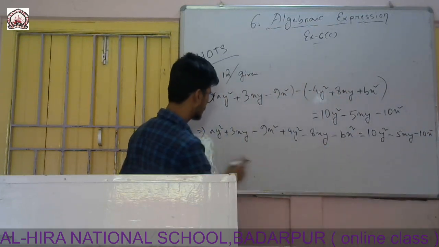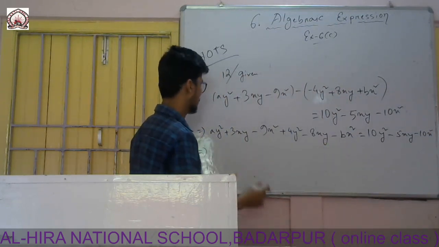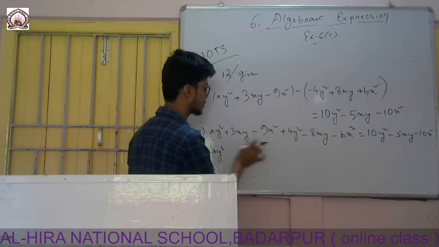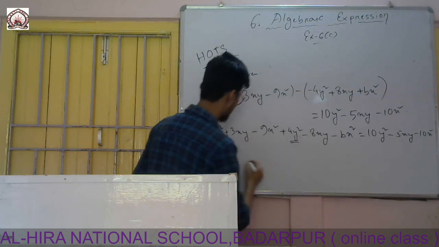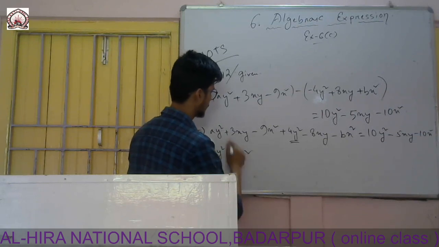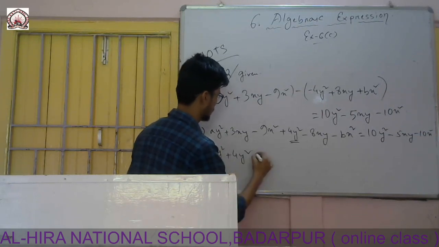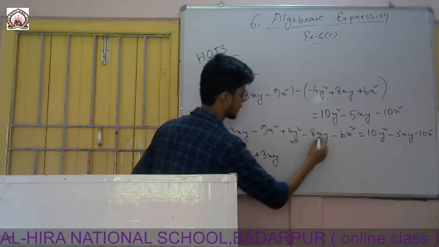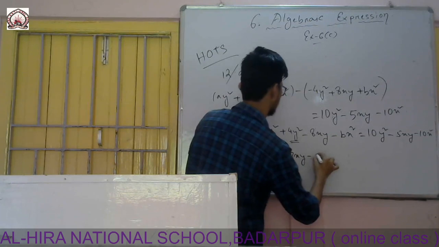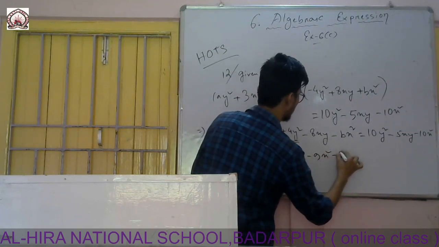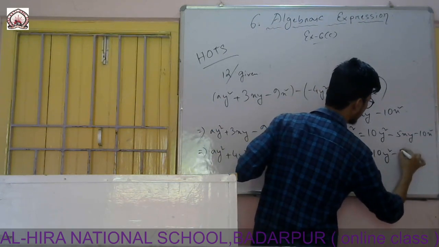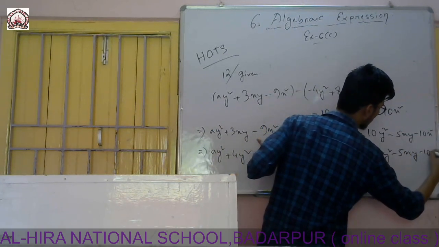So now I will arrange the like terms on one side. So a y square, here is another term with y square variable. So a y square plus 4y square together, then plus 3xy, and there is another term with xy, minus 8xy. Then the last one minus 9x square, and there is minus b x square, is equal to 10y square. This part will be the same, minus 10x square.